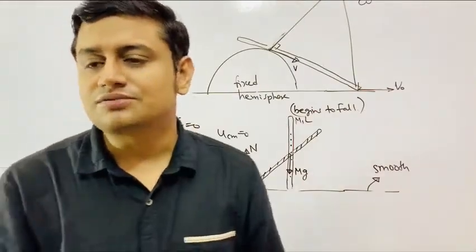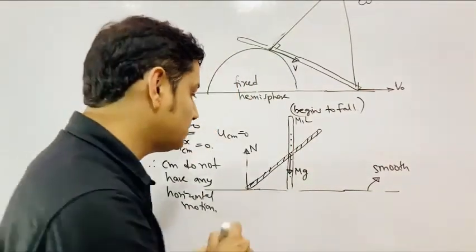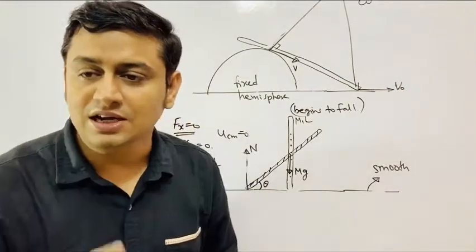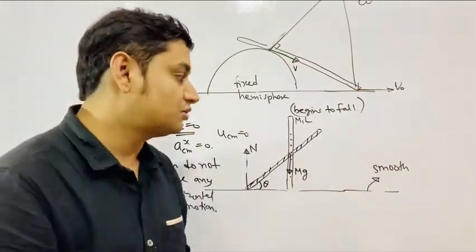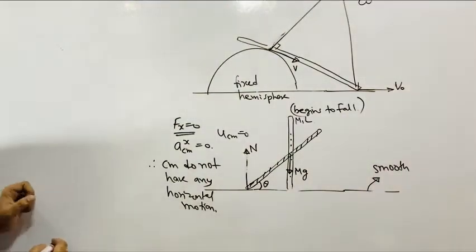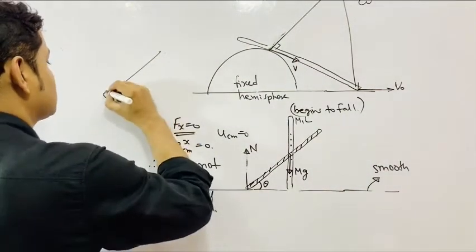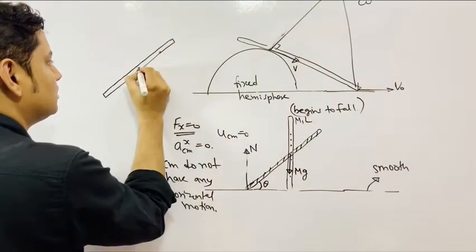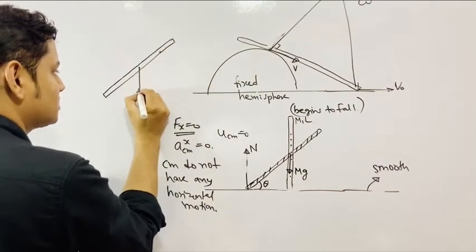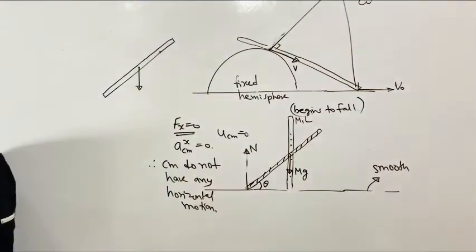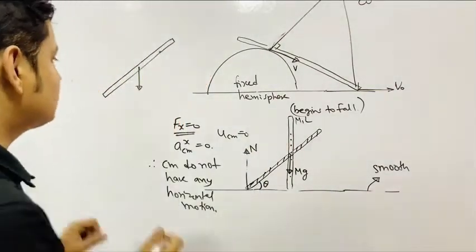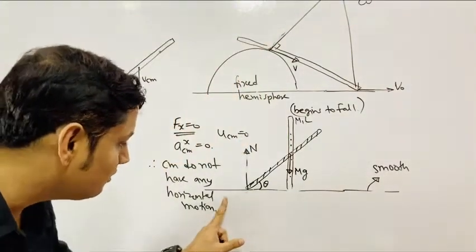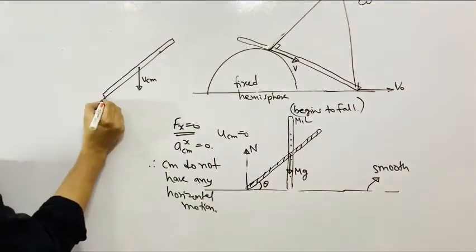Now again, suppose this angle is theta. At any moment of time, you know the velocity of two points. The center of mass has velocity always downward, and this end has velocity always leftward because it is on the ground.